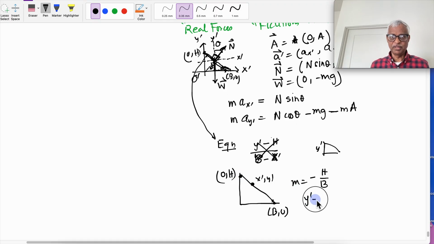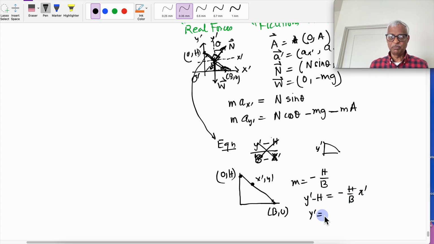So y prime minus h equals minus h over b x prime. When x prime is 0, y prime is h. When y prime is 0, x prime is b. So you can check this is correct.